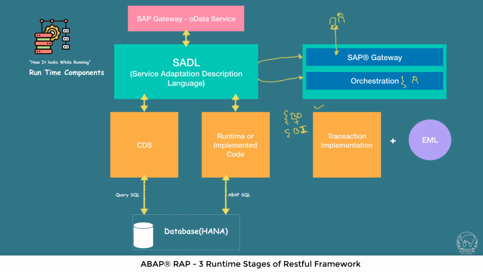The implementations are created at runtime. When the actual operations are running, the implementation code is automatically invoked based on this definition. Which code is to be generated, which functionality should be invoked first, then second, then third, and so on, is all managed by this orchestration framework.